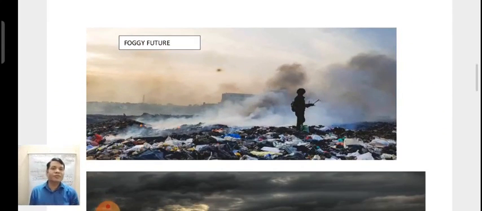This is the foggy future of these children, as in the slum area mostly. This way you can see all the waste materials are thrown there, and when they are burned, such dangerous smoke comes out, and the whole time they cannot see the proper sun.